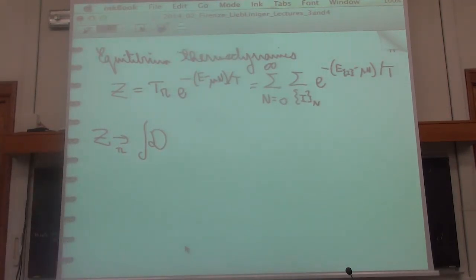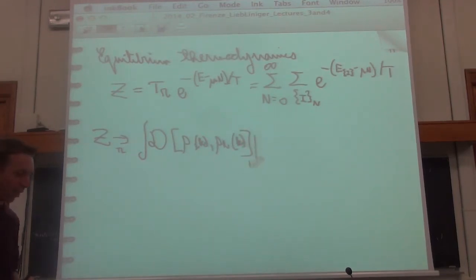Essentially what you can do is write the functional integral as a functional integral over ρ(k), ρ-hole(k), modulo the Bethe equations, because of course that's a relationship between the ρ and the ρ-hole. And of course, the energy of this state will appear in there.